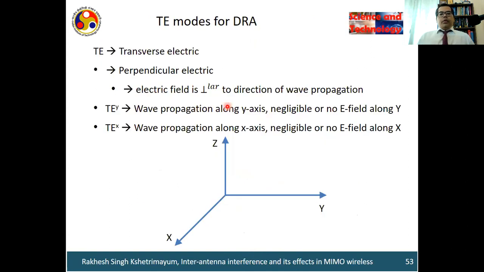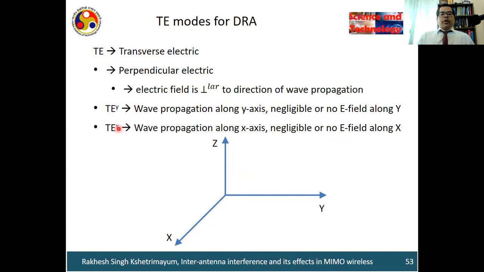So fields produced by this kind of dielectric resonator antenna can be classified as transverse electric. Transverse means perpendicular. If your fields are propagating in the y direction, transverse electric means fields will be confined in the XZ plane.